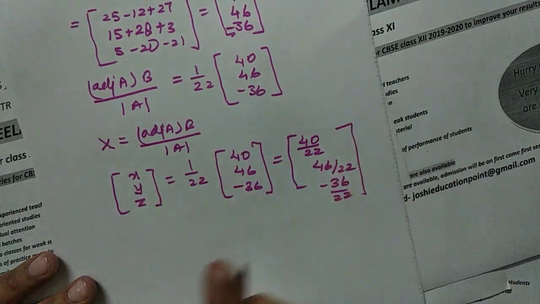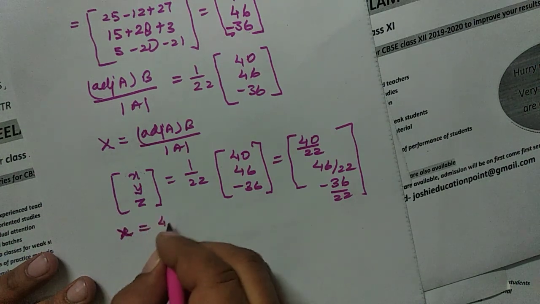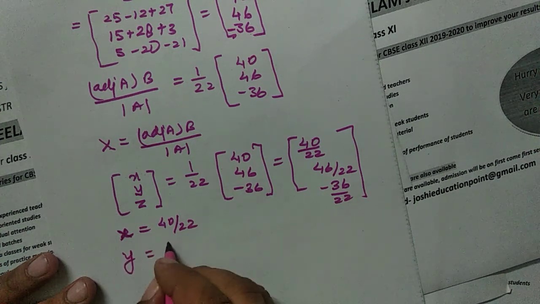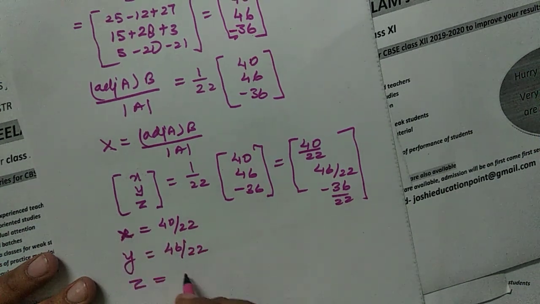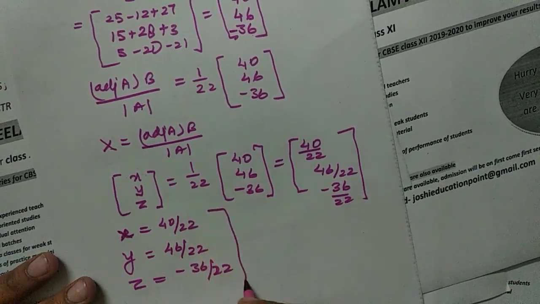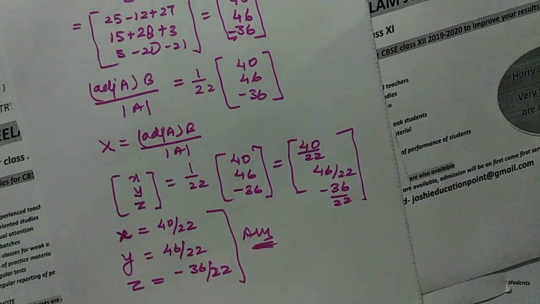Equate both these two matrices, you will have small x equal to 40 upon 22, y equal to 46 upon 22 and z equal to minus 36 upon 22, and that will be the answer. This is the answer.